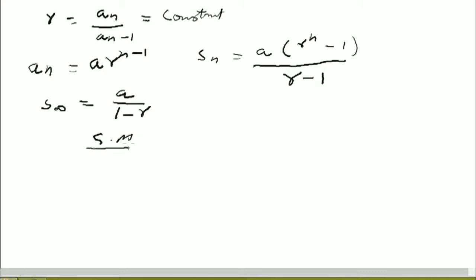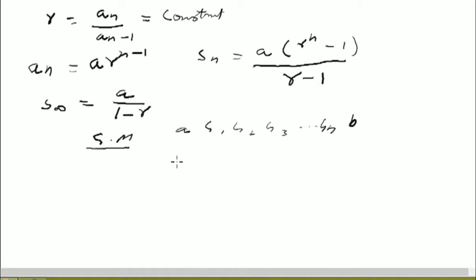Now we see GM. As we learnt in AM, when inserting AMs we make the series in AP. So GM is that thing which when inserted between two numbers makes the series in GP. We apply the basic concept of the GP, we will easily get the GMs as we got the AMs earlier.